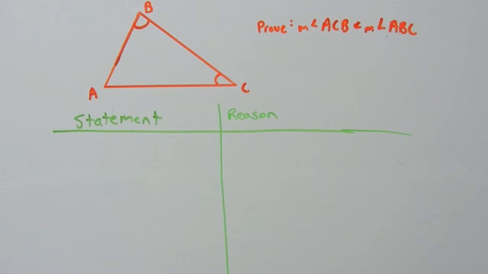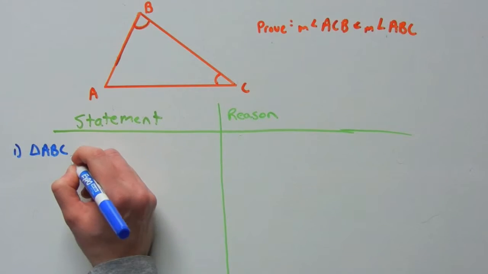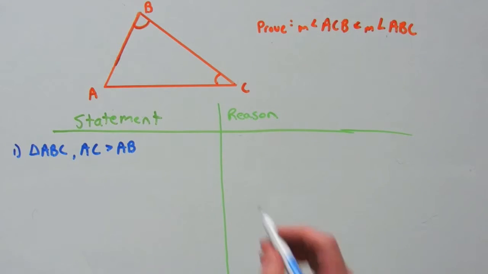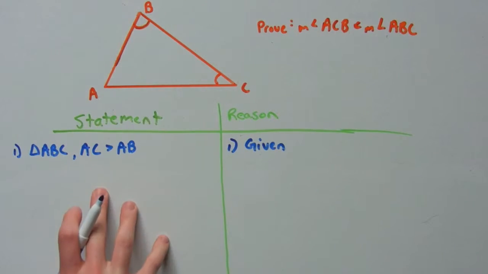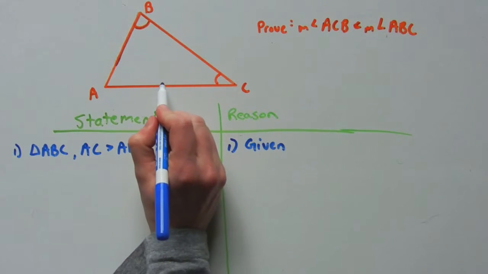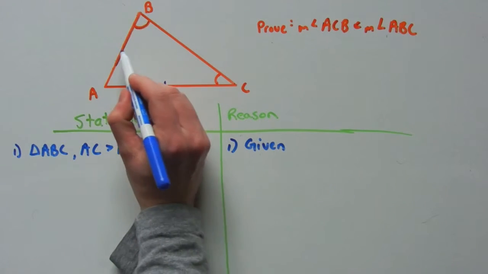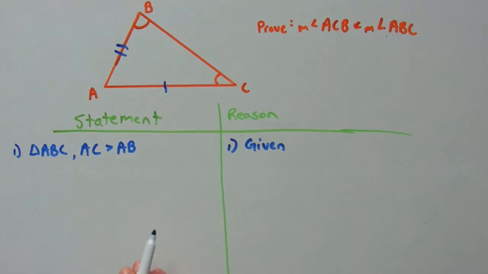Let's start off by writing the given information. So we know the triangle ABC is given, and side AC is going to be greater than side AB. So they're not congruent, and this side AC is larger than the side AB.